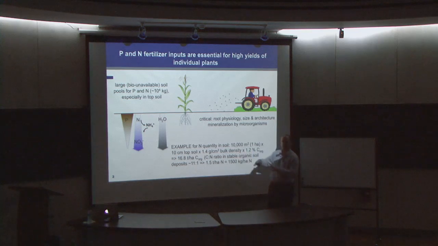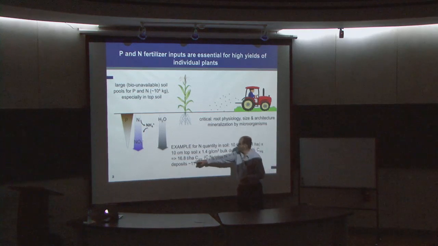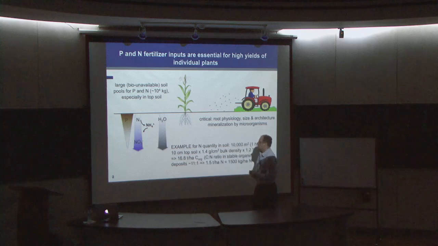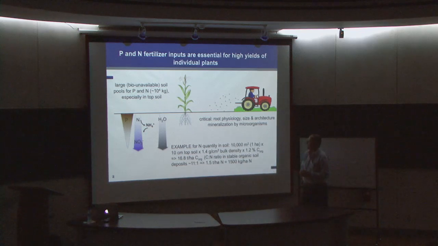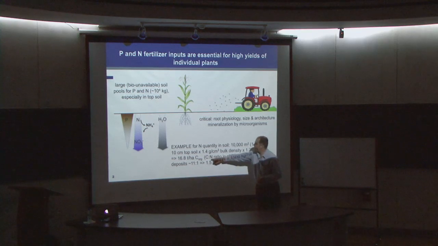And if you want to quantify the weight and the nitrogen later, you have to multiply it by the soil density, and then you come to something like 16.8 tons per hectare organic carbon. And typically you have in stable deposits of organic carbon in the soil a ratio of carbon to nitrogen of about 11 to 1.